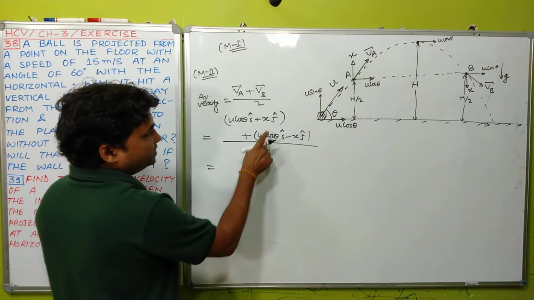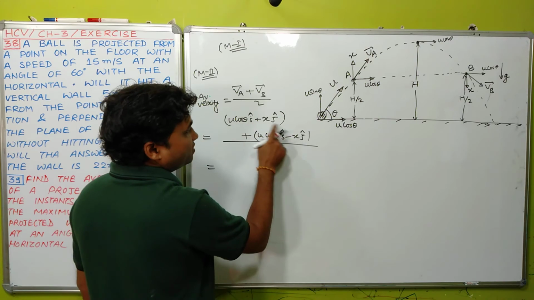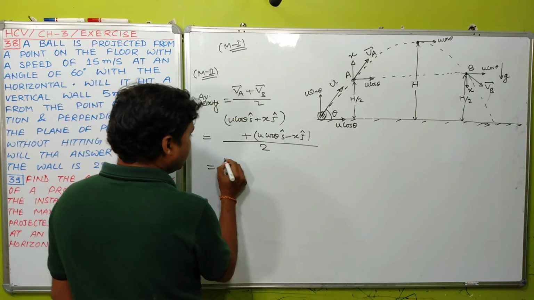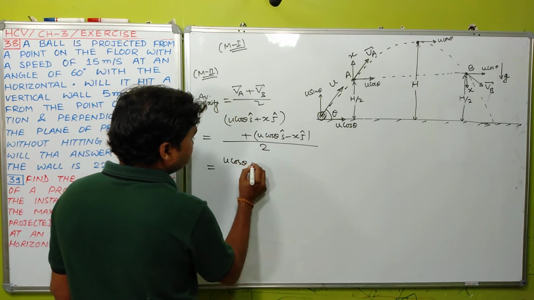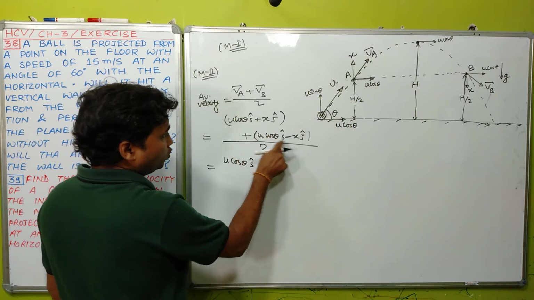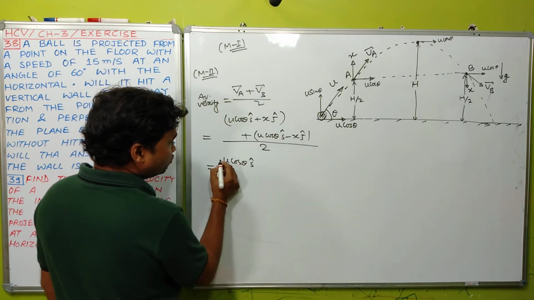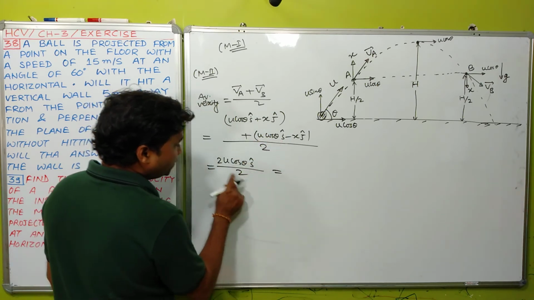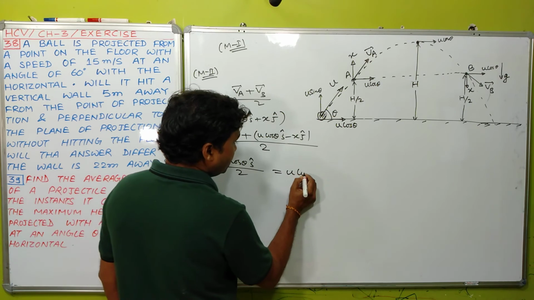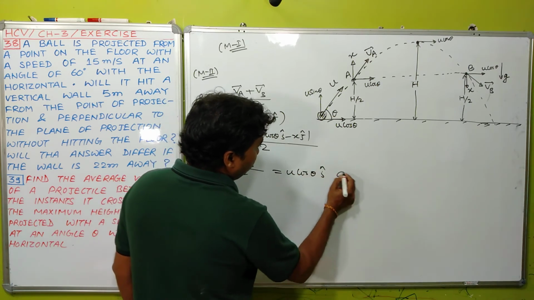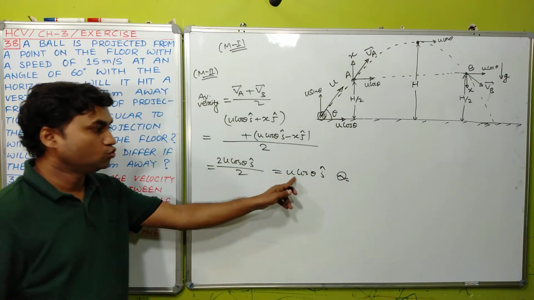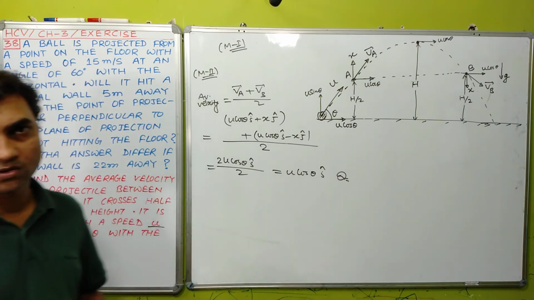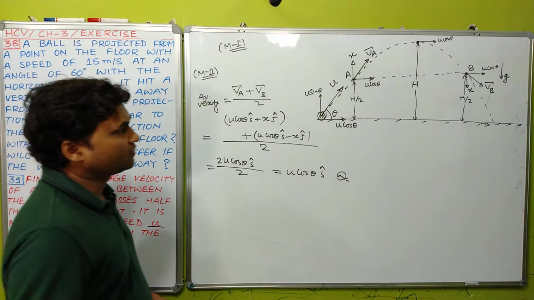You can see that the vertical component will be cancelled out, as I was saying in method 1. This is u cos theta i plus u cos theta i, the 2 will cancel out, so 2 u cos theta i divided by 2 gives u cos theta i. So the average velocity has magnitude u cos theta. Okay student, I hope you have no confusion.